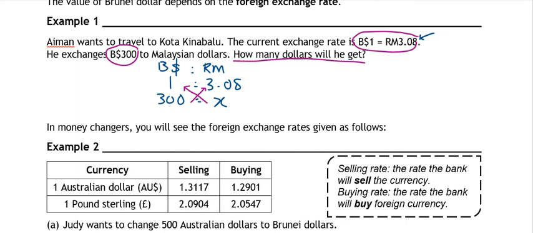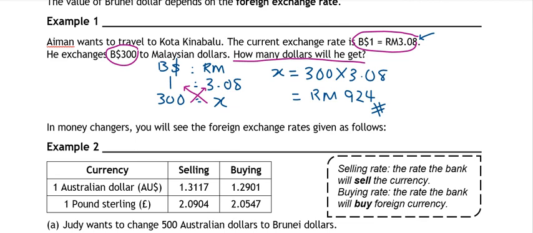So X equals 300 times 3.08. The Malaysian dollar that he will get is RM924. When you use the calculator, you can get this answer straight away.